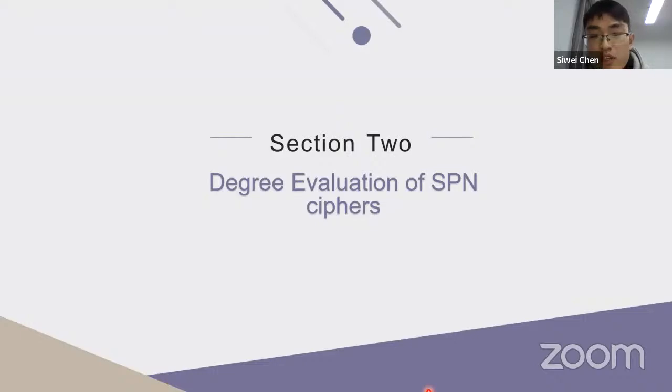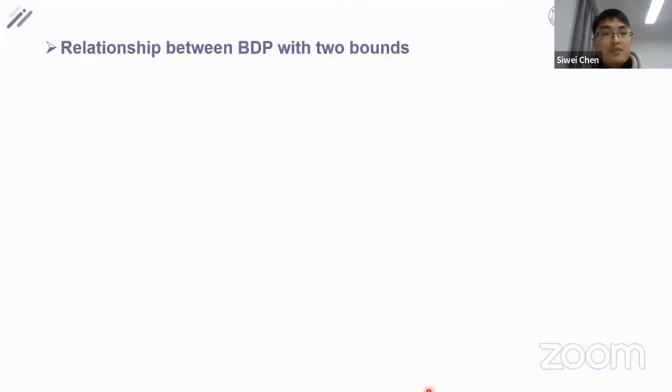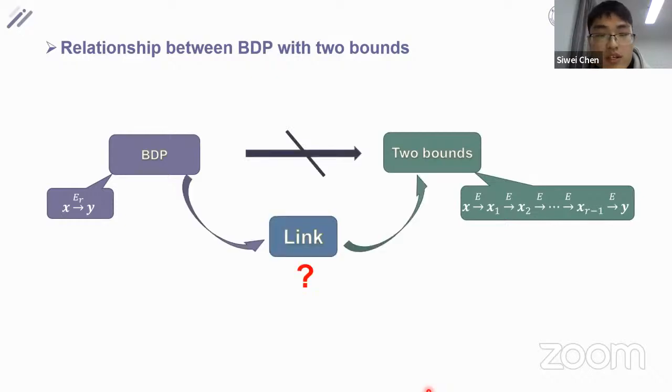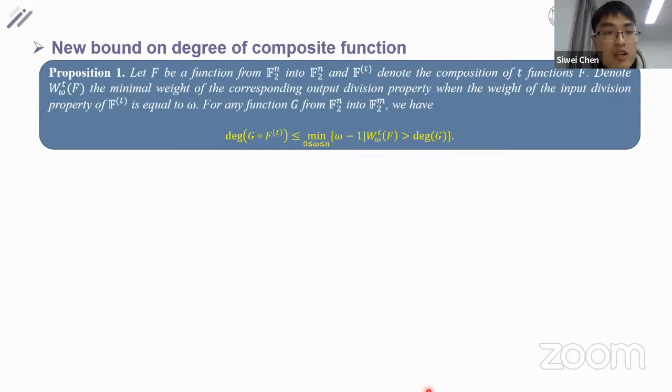Let us first focus on the SPN ciphers. From the previous introduction, we know that the BDP method is a whole process, but the two bounds are iterative processes. So we cannot compare them straightforwardly. So we have to construct a bridge to link them. Okay, this is our bridge.